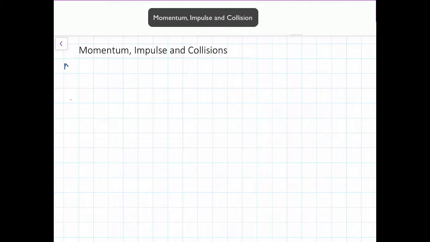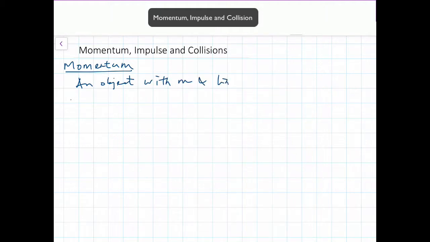So what is momentum? If you have an object with mass m and linear velocity v, it has a quantity known as momentum.